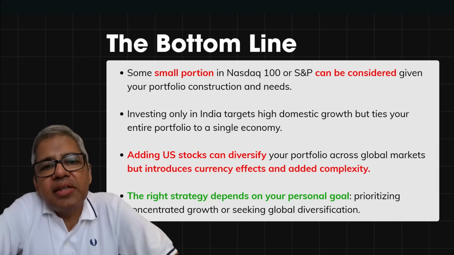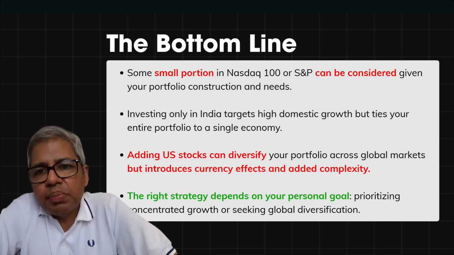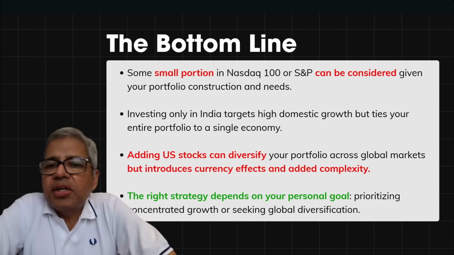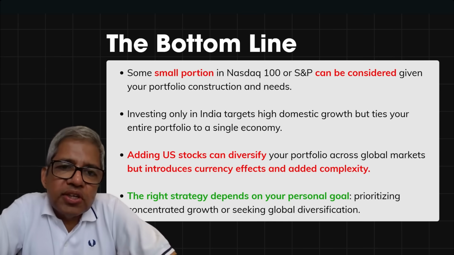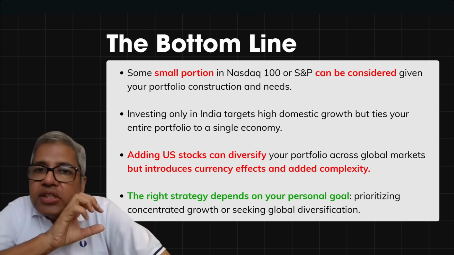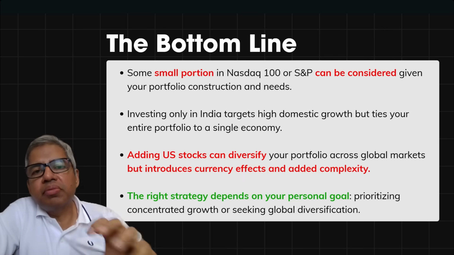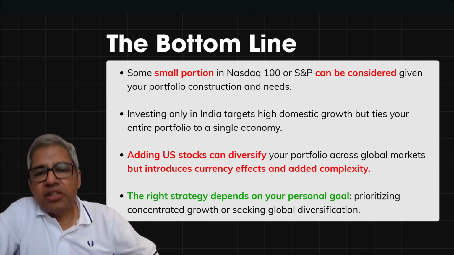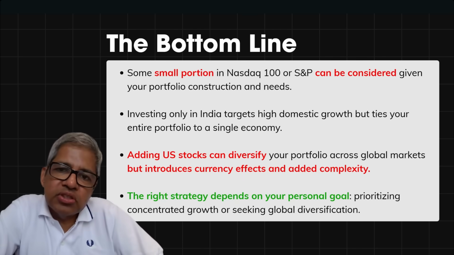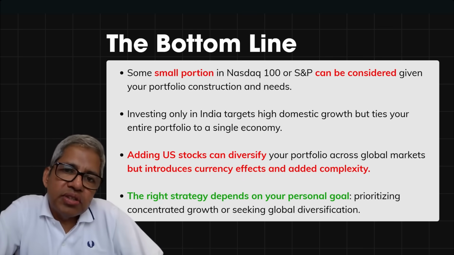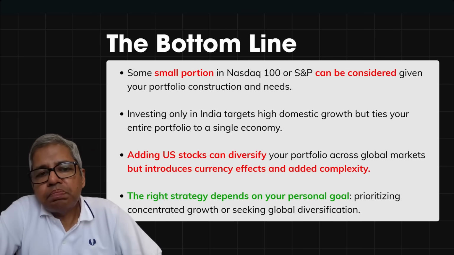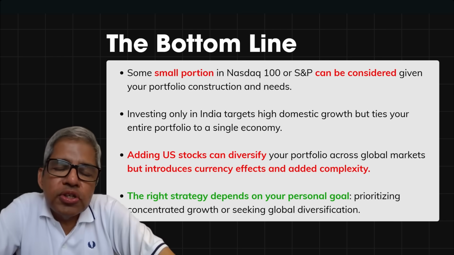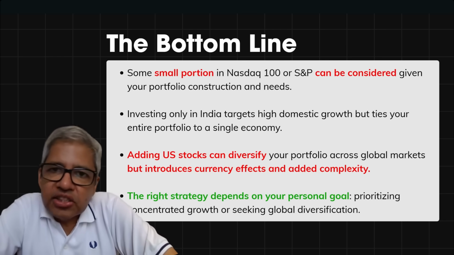So the bottom line is that some small portion in Nasdaq 100 or S&P can be considered, given your portfolio construction and needs. Investing only in India targets high domestic growth but ties your entire portfolio to a single economy and to a single currency. The currency risk remains the biggest risk. So what happens if our currency goes for a toss for whatever reason? Maybe we get a government which is not supportive of the policies that we currently have. Adding US stocks, of course, can diversify your portfolio across global markets, but they also introduce currency effects and add taxation complexity.